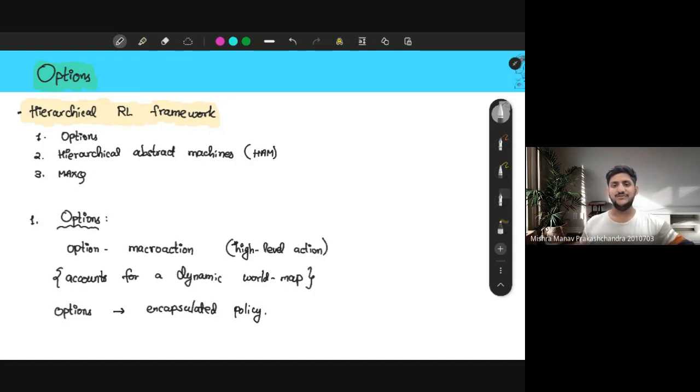By using options, the agent can learn policies at multiple levels of abstraction: a higher level wherein we learn the macro actions, and a low level of atomic small actions needed to complete a macro action. This enables efficient exploration of the state space, focusing on the relevant sub goals.